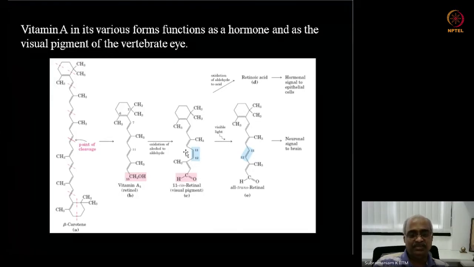So this one, under the influence of visible light, flips into the trans-retinal conformation. And this cis-retinal to trans-retinal conversion upon shining light is how our eye senses light.